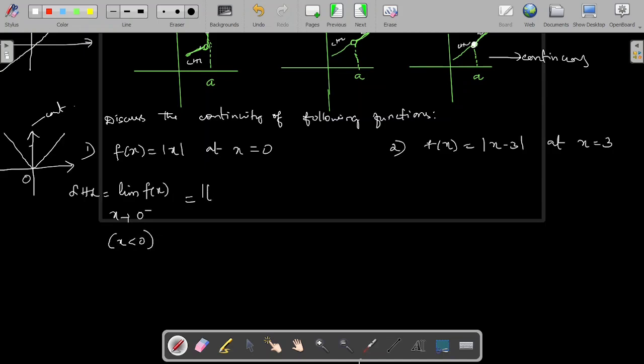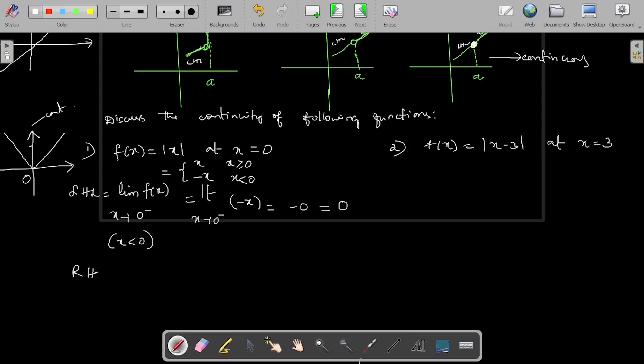So which is equal to limit x tends to 0 from the left. Modulus function has two values, x if x is greater than or equal to 0 and minus x if x is less than 0. So x is less than 0 means value of the function is minus x, I will choose. Now apply the limit, it is minus 0, which gives you 0.